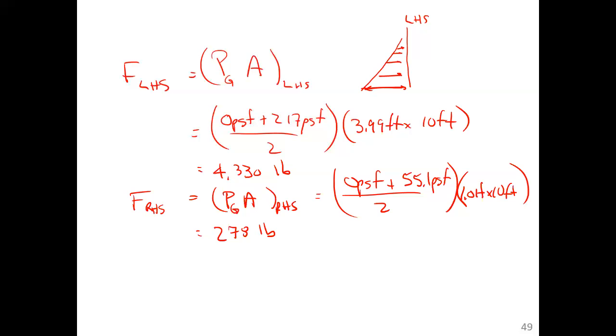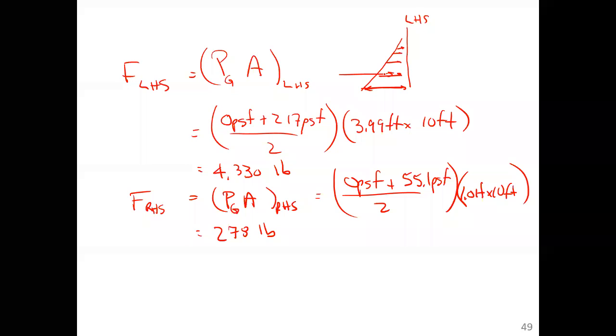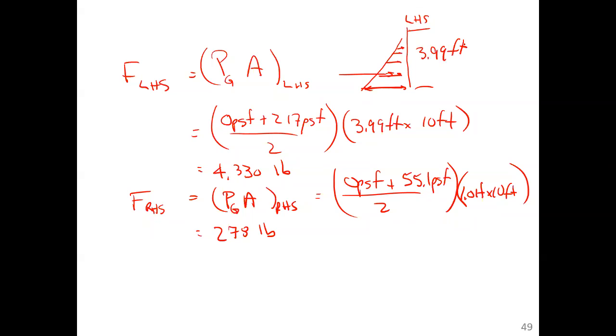Complete consistency. So you know where these forces act. If this is 3.99 feet, that's the total height. The distance here is 3.99 feet over 3, one-third up from the base.